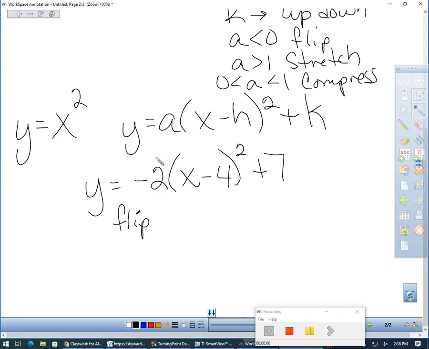The 2 is a stretch. Then inside this parenthesis, you technically set that equal to 0, and you get right 4. And then up 7.